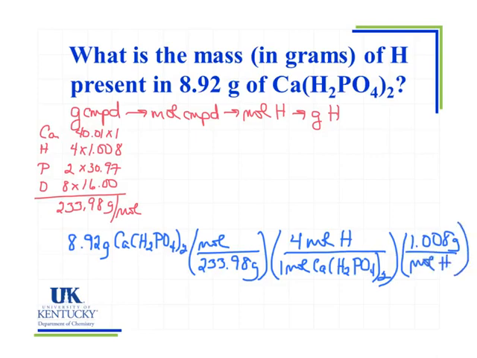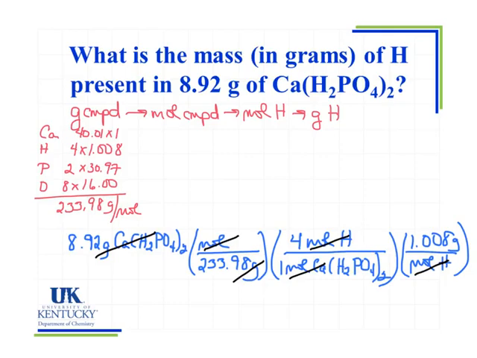And I'm going to go back and check through my units just to make sure everything is canceling out correctly. Here I have grams of the compound canceled out with grams, moles and moles cancel, moles of hydrogen cancel, and I've got grams of hydrogen remaining. Make sure when you're canceling out moles that you cancel out moles of hydrogen with moles of hydrogen, or moles of the compound with moles of the compound. They have to be like units and like substance.